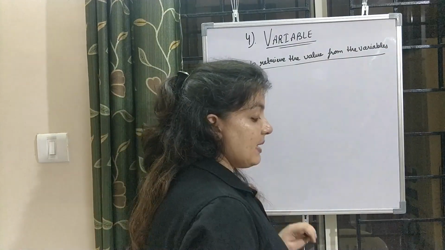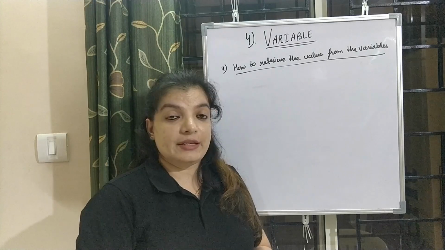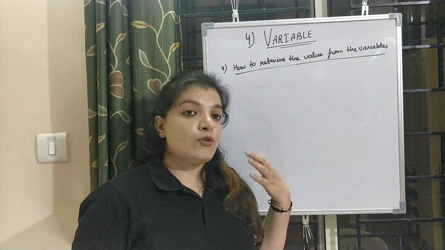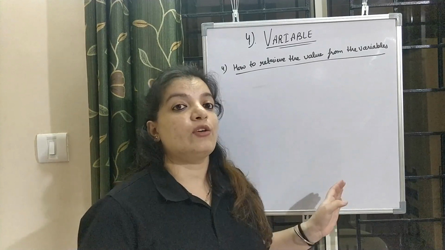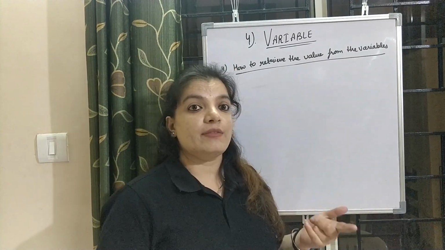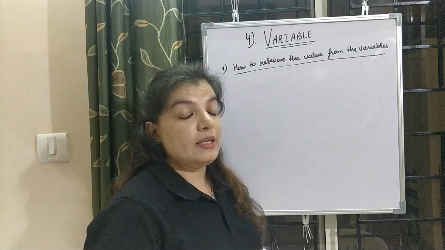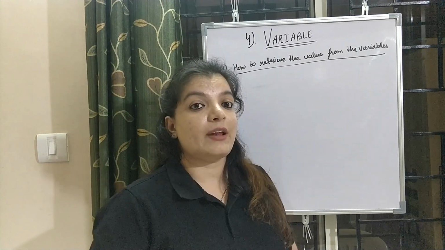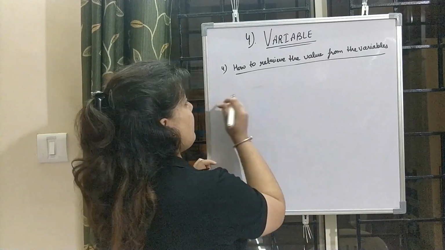In my previous example, I created the variables and stored the values also. If we have not used those variables, then there is no point in creating or storing values in variables. So now the next point is how to use those variables in computer programming languages. First we will take an example of a C program.